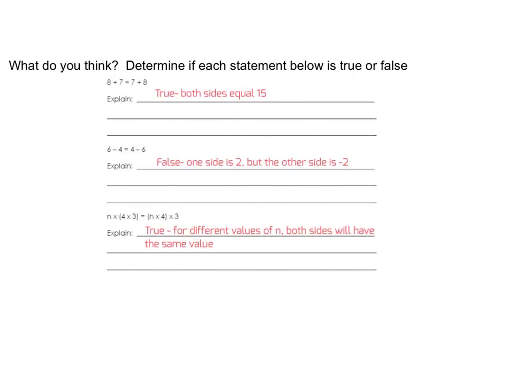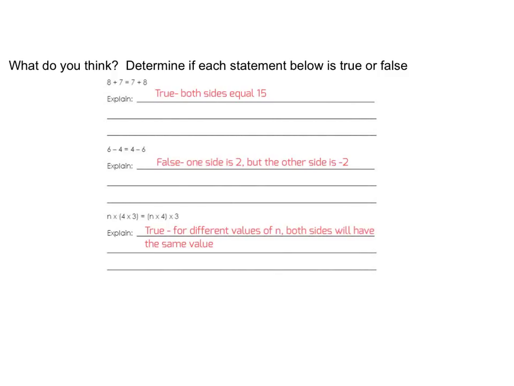So again, these are all examples of equivalent expressions. There's something a little bit different on each side. Well, I'm sorry, these are equivalent, and this is equivalent. This is not equivalent. These are different, but they have the same value. These two are different, and they have the same value.